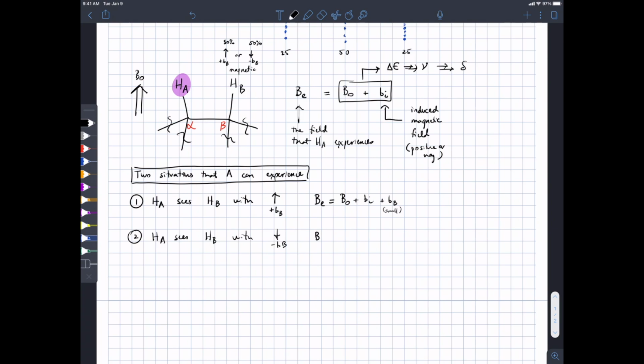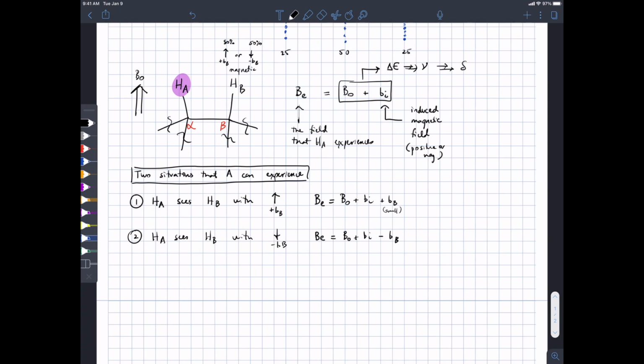Whereas for situation 2, the field that proton A experiences is going to be what we did before, but now subtracting the field from B because it's aligned against the magnetic field. All right?